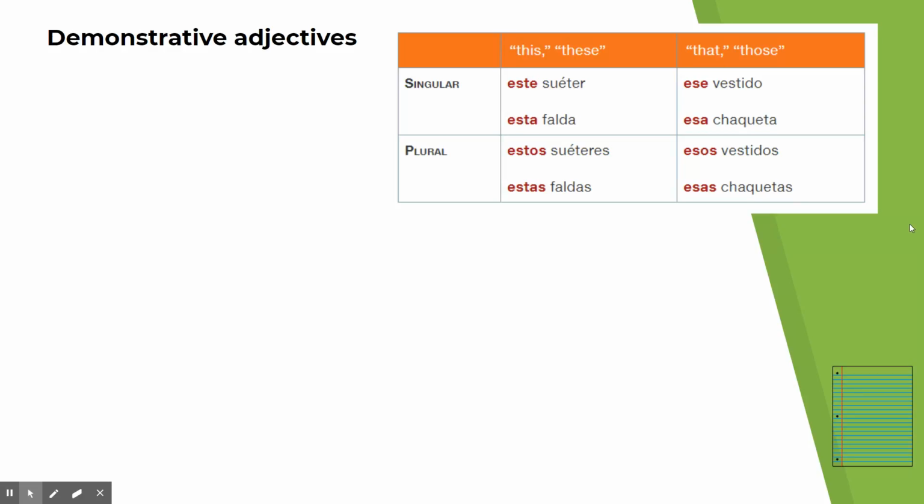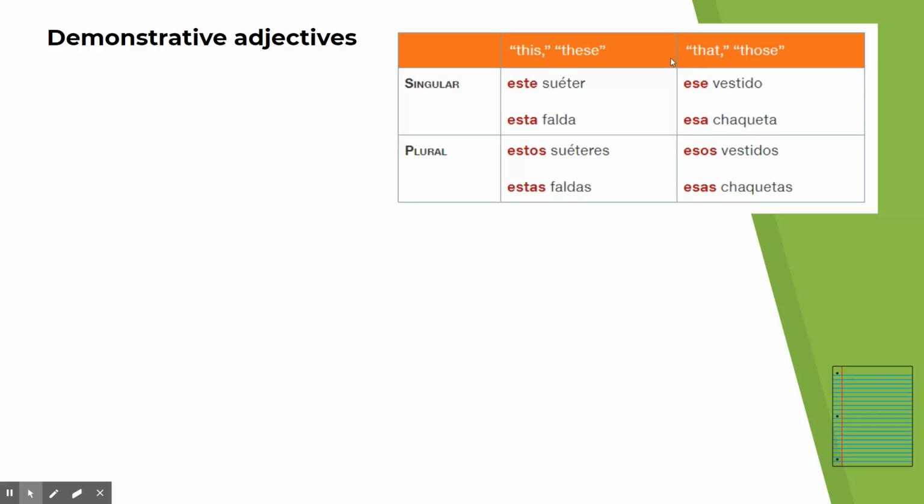Okay, excelente. Let's talk about these demonstrative adjectives. This word demonstrative means that you are showing. If I ask you to demonstrate, I'm asking you to show me, correct? So demonstrative adjectives are adjectives that show us something. In this case, they're showing us which item you're talking about. So if there's a suéter that's close to you and you want to say, I like this suéter, I'm going to say este. But if the vestido, the dress, is far away, it's that dress.